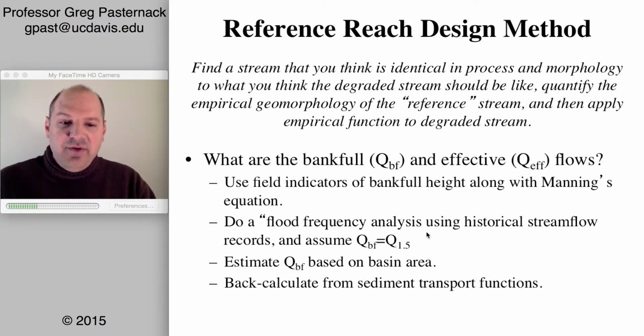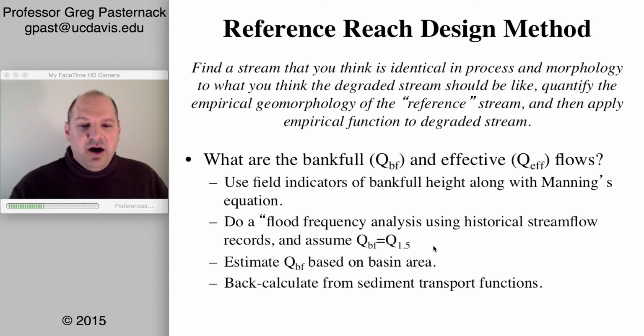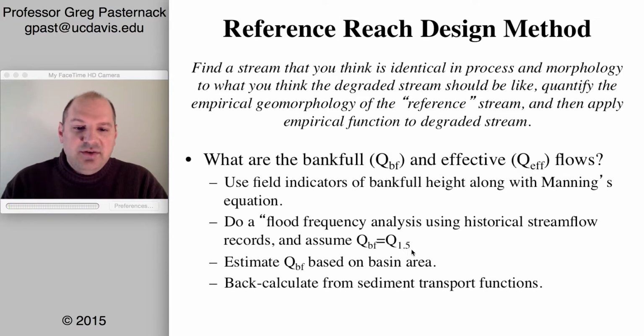You can do a flood frequency analysis and assume either that bankfull discharge is the 1.5-year return interval event, or using regional indicators of what the recurrence interval should be. You could substitute that in. You could estimate bankfull discharge based on basin area, for which there are empirical relations.